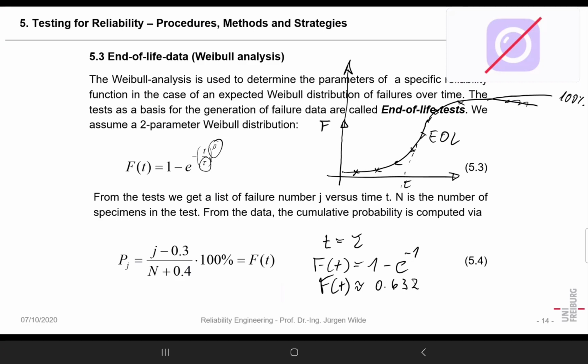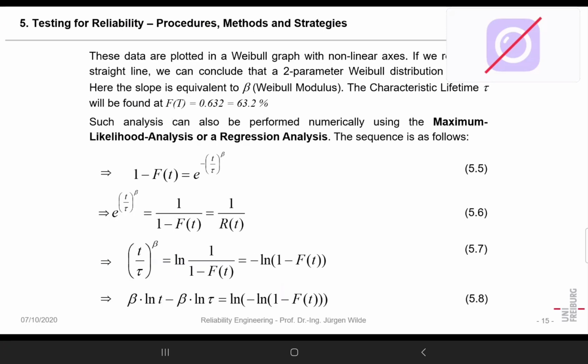You form a maximum likelihood function, and based on that, you can derive the parameters. What you can also do is a regression. And if you have two parameters, you make a linear regression. But the Weibull function is not linear. So in order to be able to make a linear regression, you must linearize it.